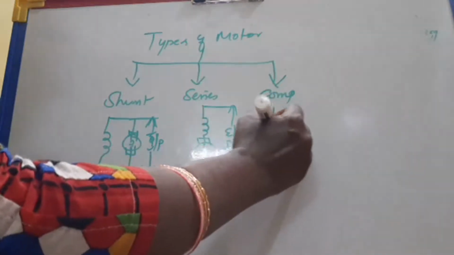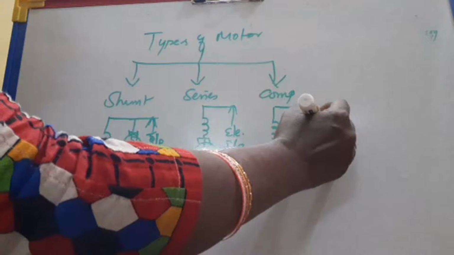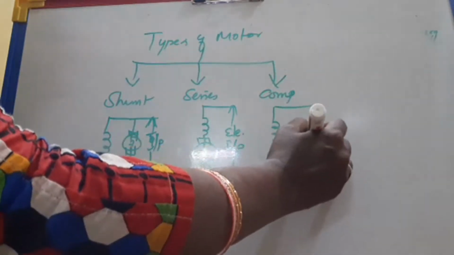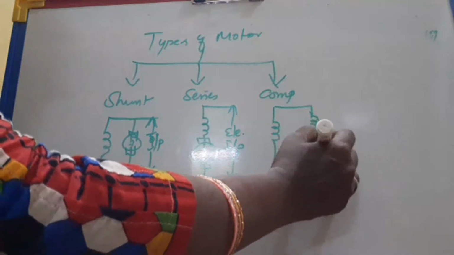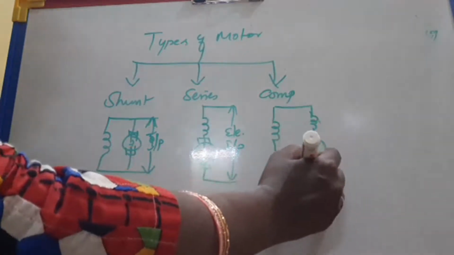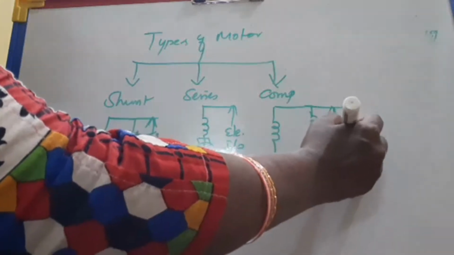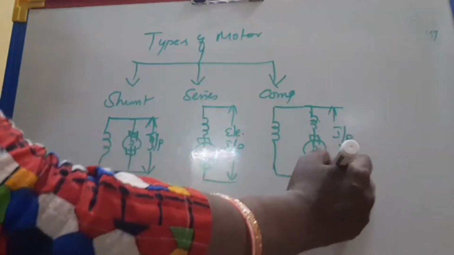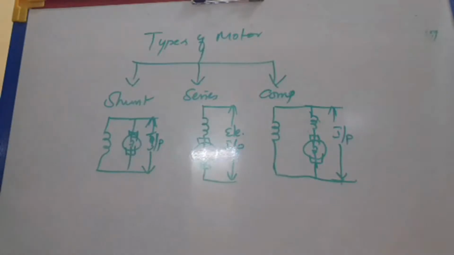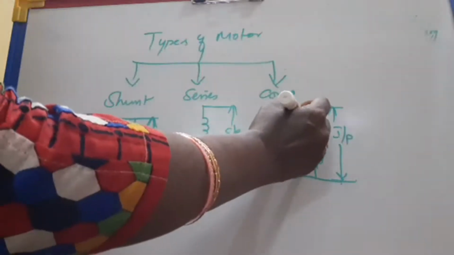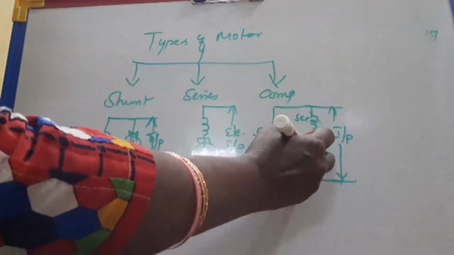Compound motor has both the shunt field winding, in parallel, and the series winding along with the armature.